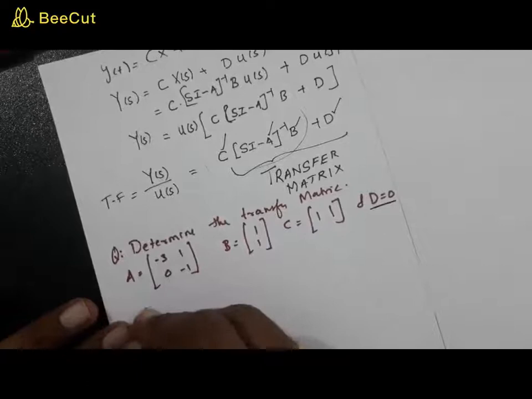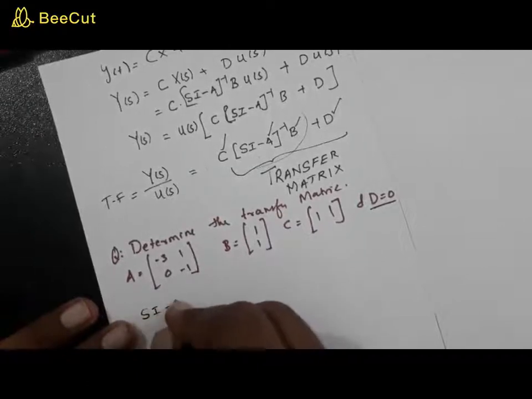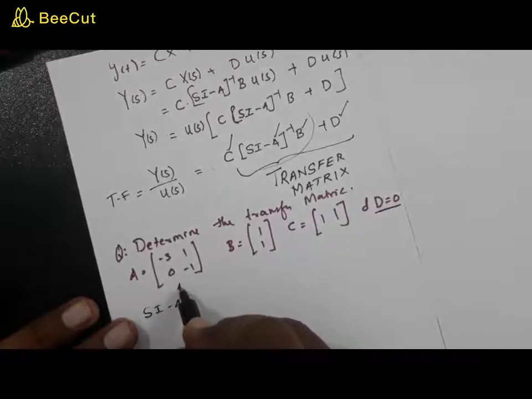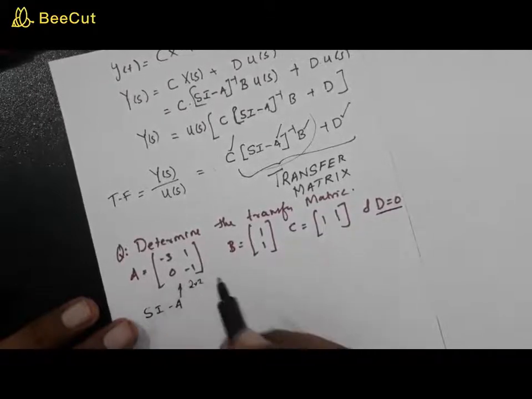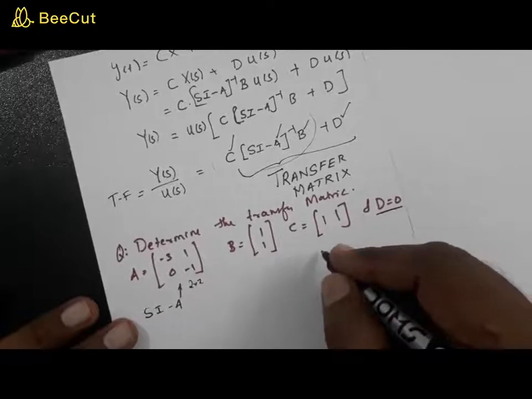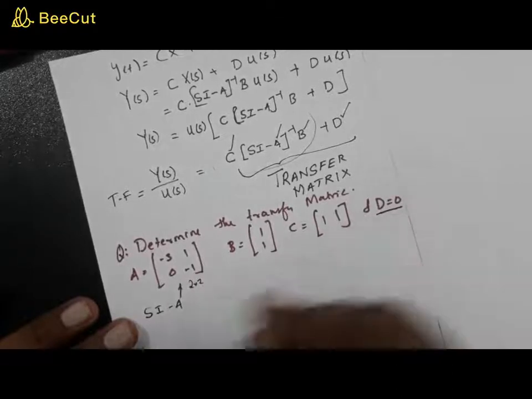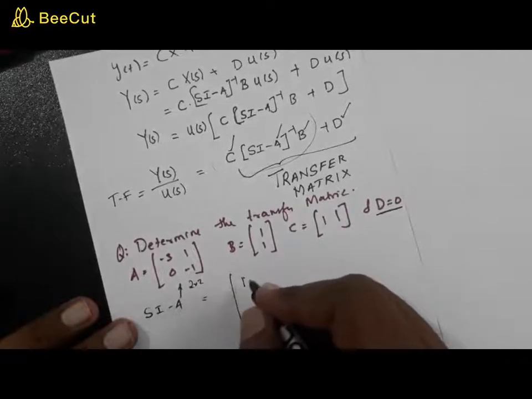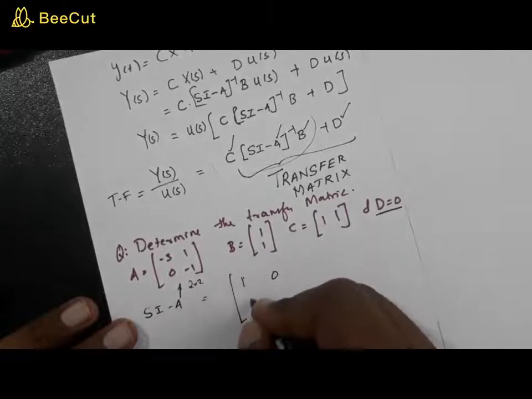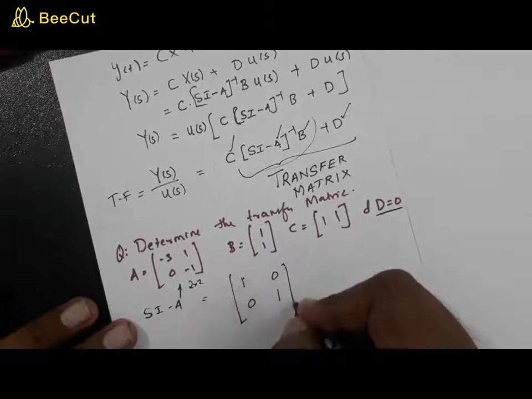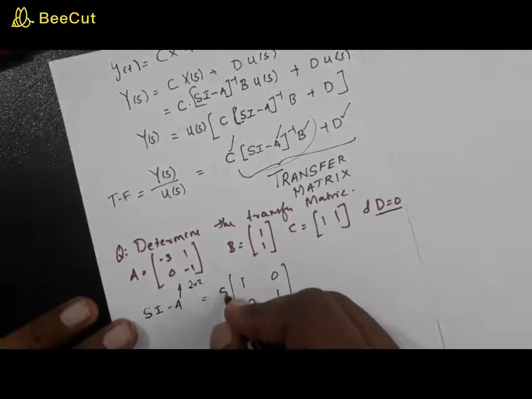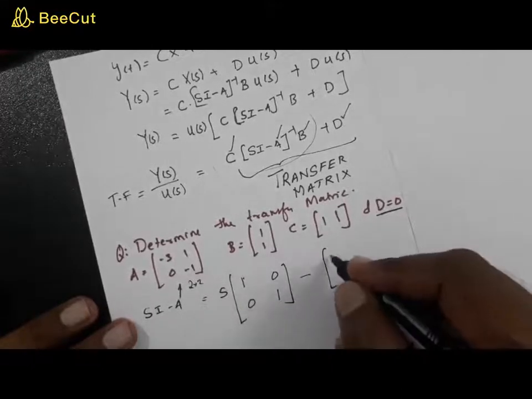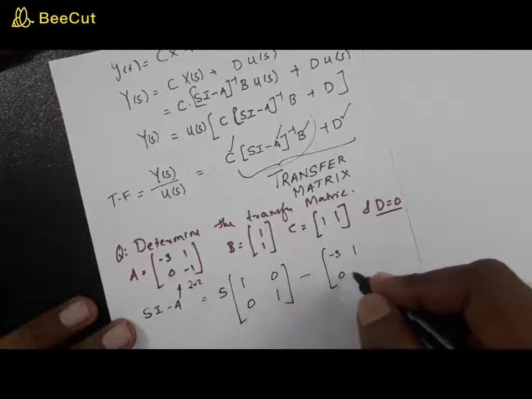The first thing you need to find is sI - A. First, look at the order of this matrix. This is a 2 by 2 matrix, so you need an identity matrix like this. Your sI - A will be s into [1, 0; 0, 1], the identity matrix, minus the matrix [-3, 1; 0, -1].